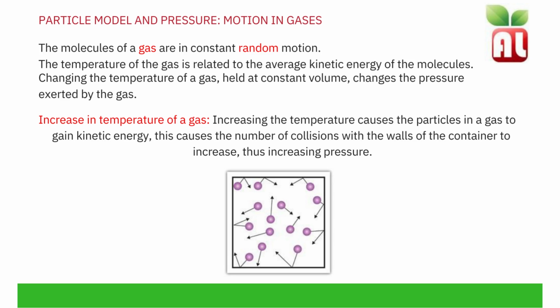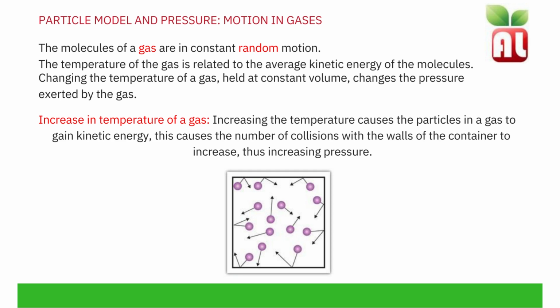The particle model and pressure. Motion in gases. The molecules of a gas are in constant random motion, random being a key word when describing the movement of molecules in a gas. The temperature of the gas is related to the average kinetic energy of the molecules. Changing the temperature of the gas held at constant volume changes the pressure exerted by the gas.